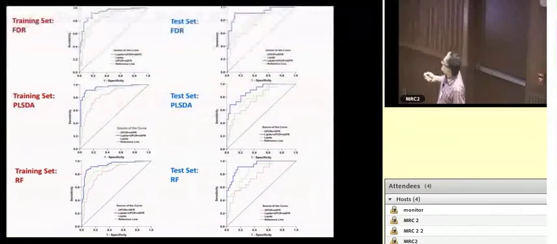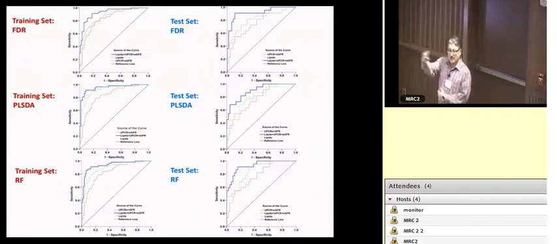And we did this with the other 2 classification methods, and if you look at the PLSDA developed model or the random forest developed model, you would see identical results with improved C statistics over and beyond the base model.